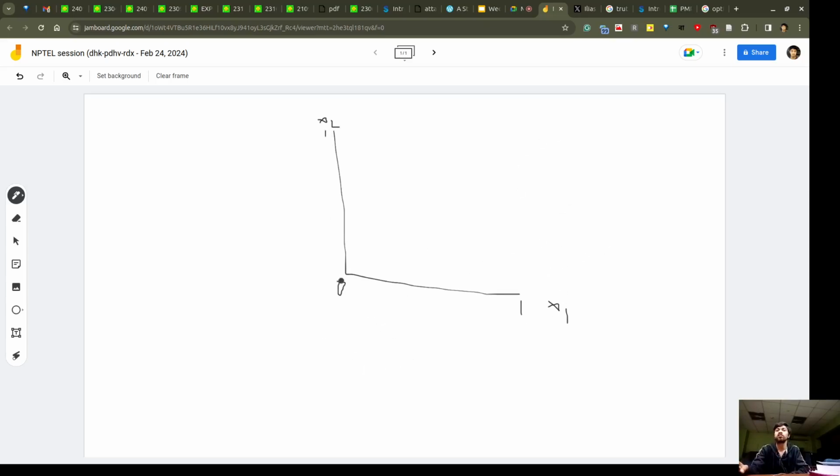AND graph means if the value is 0 for x1 and 0 for x2 also, then the output will be 0. So 0 and 0 is 0, 0 and 1 is again 0, 1 and 0 is again 0, and 1 and 1 is 1, only here it will be 1. If we want to separate it by something linear, we can draw a line here: all the zeros are on this side, all the ones are on this side.